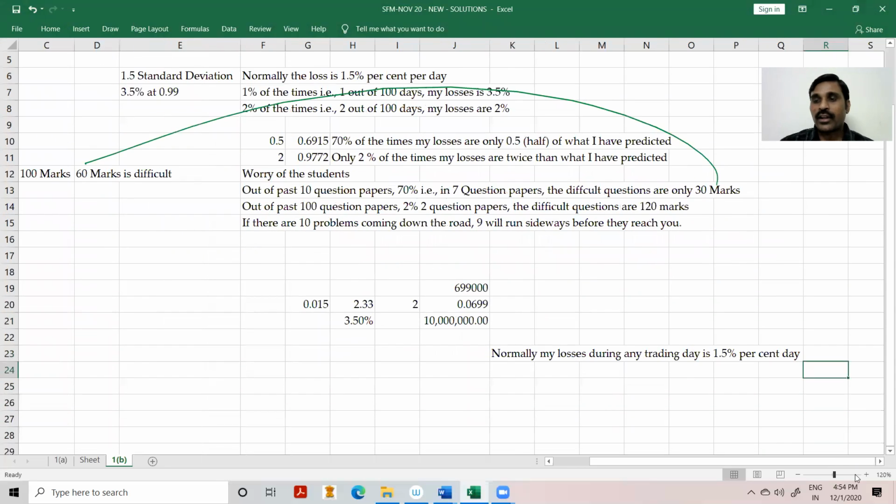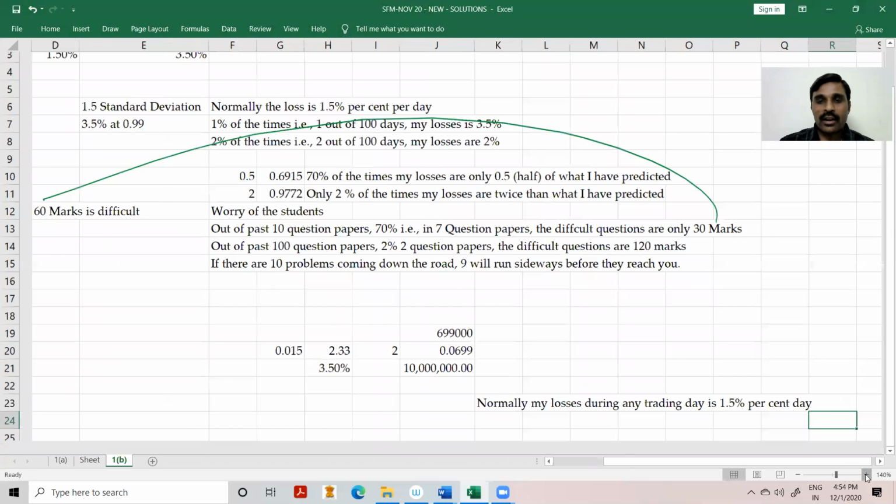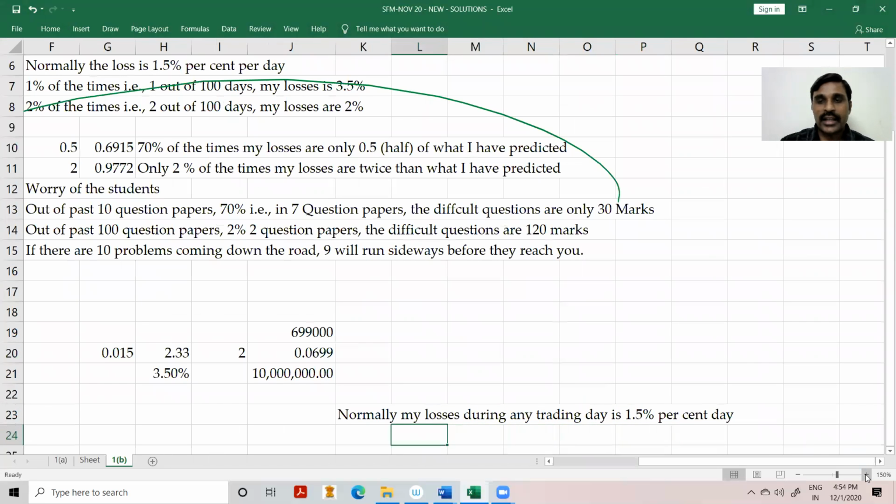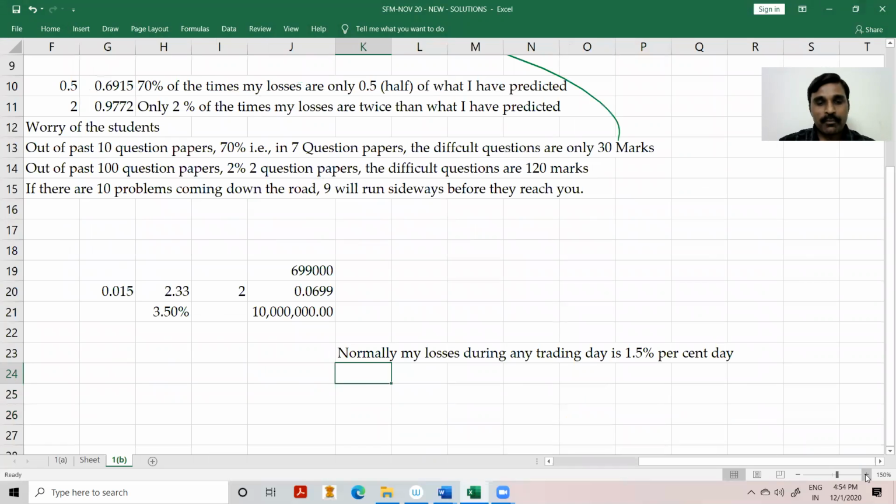So maybe I am doing intraday. Normally my losses during any trading day are 1.5% per day. But 1 out of 100 trading days, my losses may be 3 or 3.5%. That is what they are indicating.